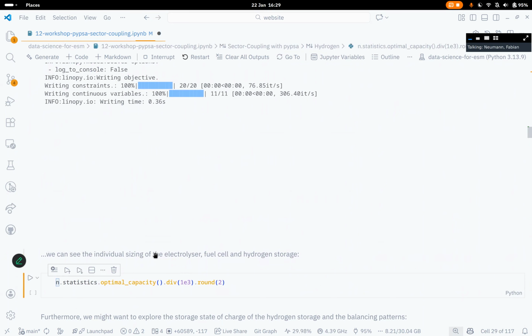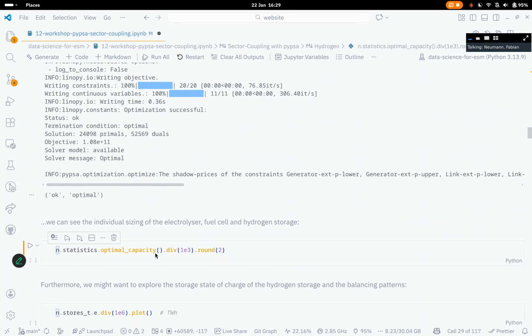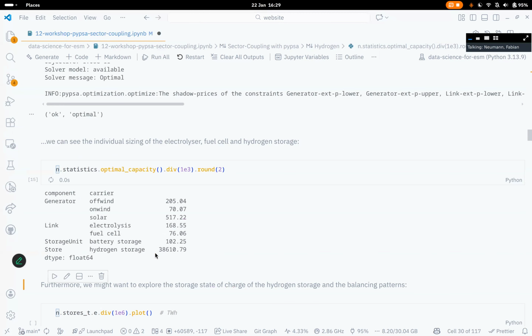And what we will be able to see, we'll be able to continue to use our statistics functions, for example, for the optimal capacity, but we'll now have more components there. We have capacities for the electrolyzers and the fuel cells. And maybe I have to say one word about what these values represent.